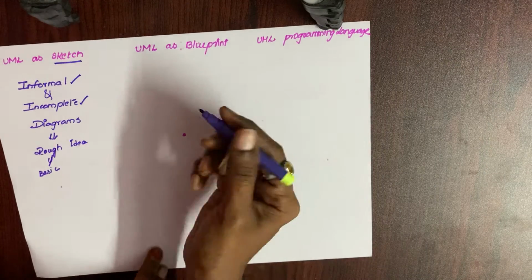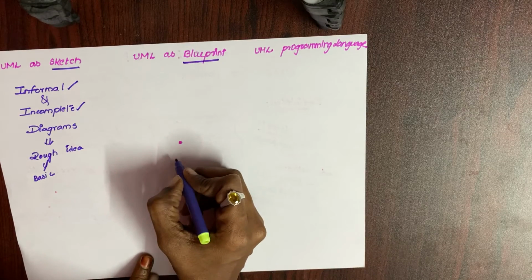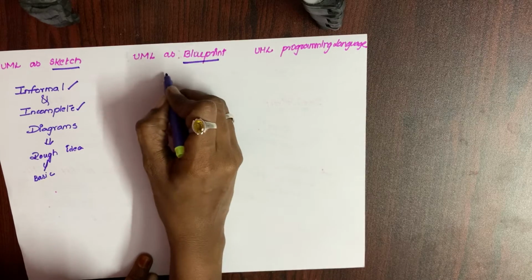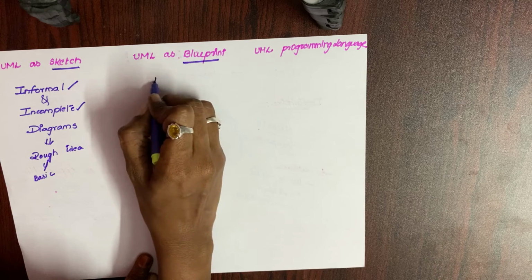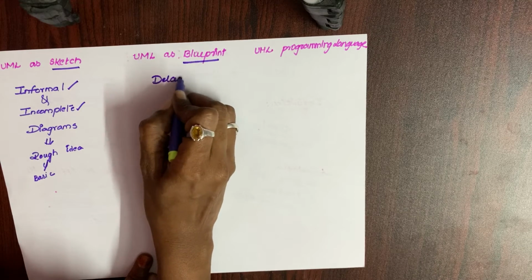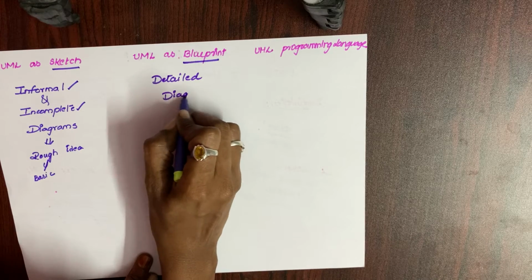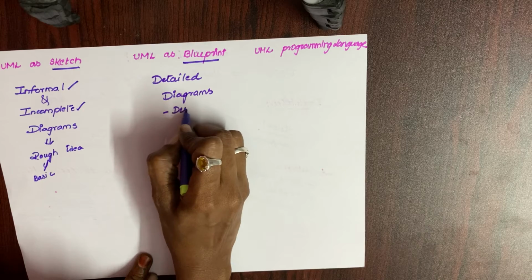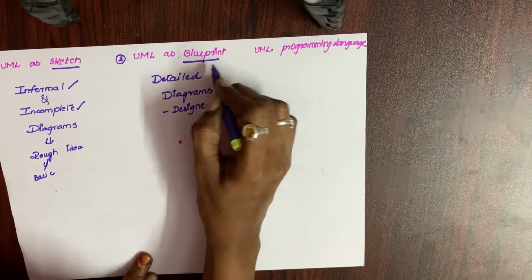Next, coming to the second model called blueprint. UML as blueprint means it is going to design the diagrams in a detailed manner. Detailed diagrams are designed when using UML as blueprint.